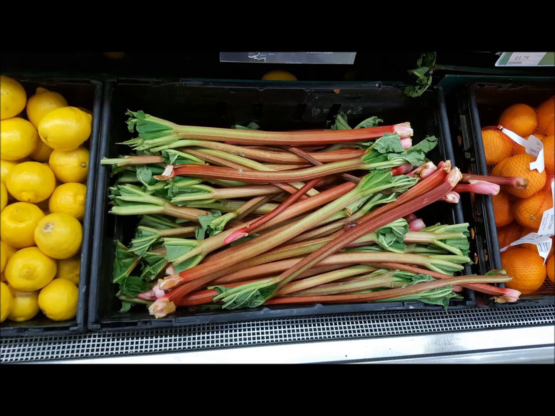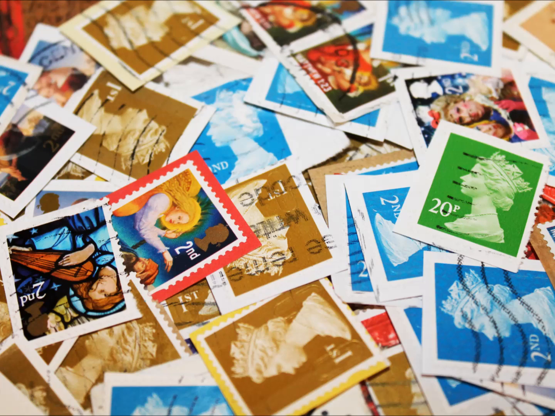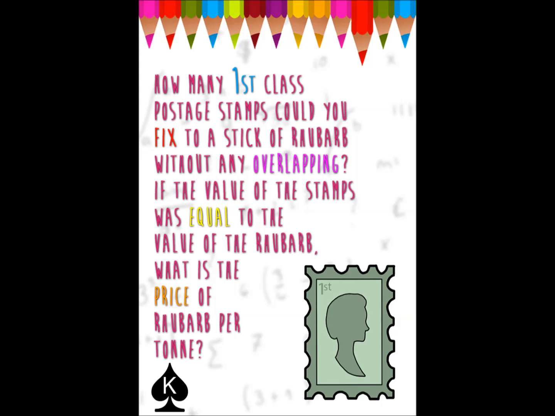So 82 times 60 pence, or 82 times 0.6 of a pound, gives you the value of £49.20 per stick of rhubarb. Now, we're going for the easy option, so we'll just round it up to £50, because we can, and it doesn't matter anyway. You need to be prepared, of course, that some of the values are going to be extreme, to say the least. That's fine.